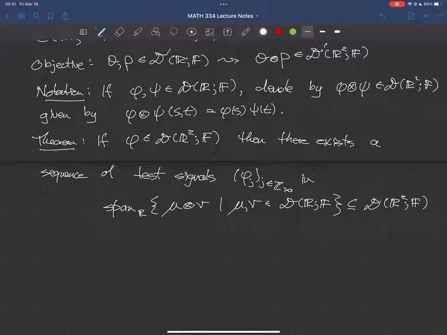So there exists a sequence phi j in here, where each phi j is a finite linear combination of things that look like that, and a sequence of test signals converging to phi in the topology of the space of test signals on two variables.